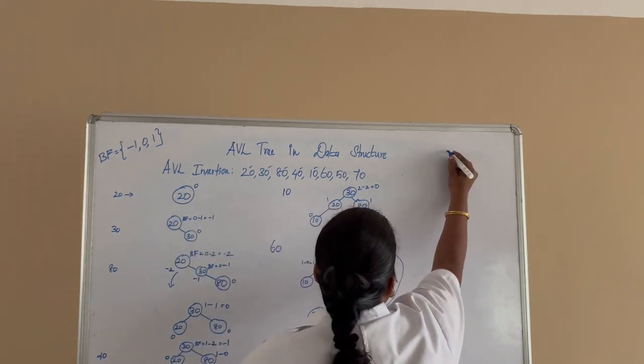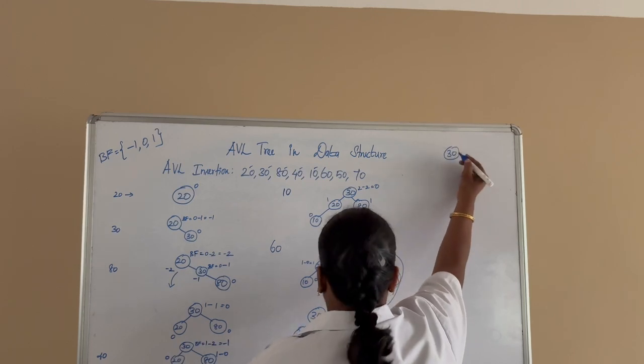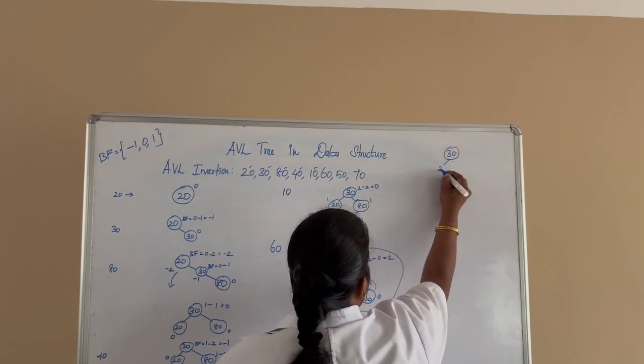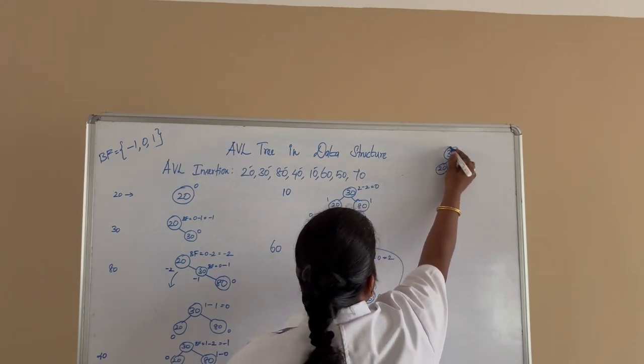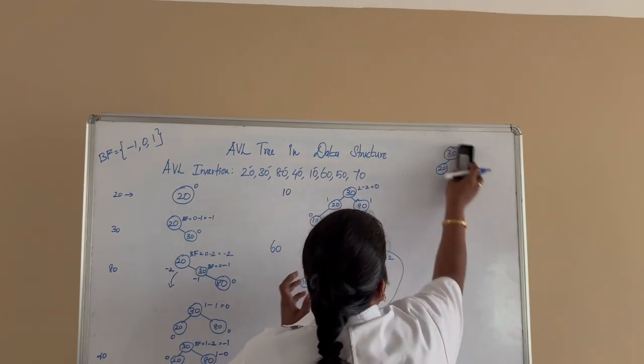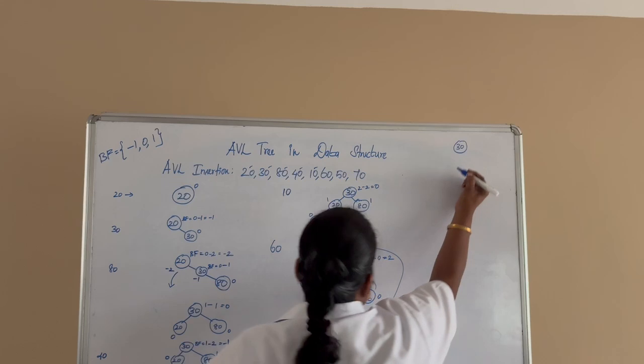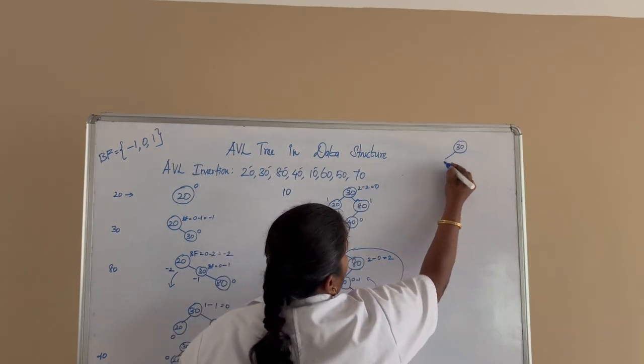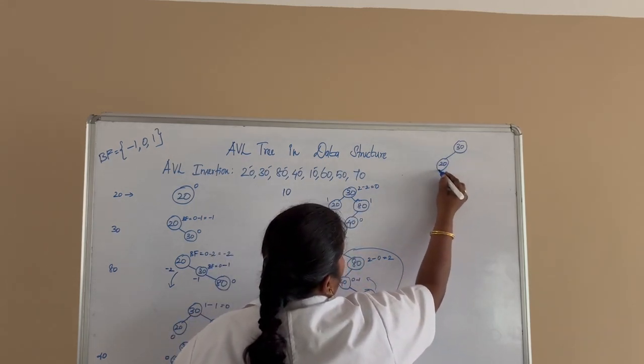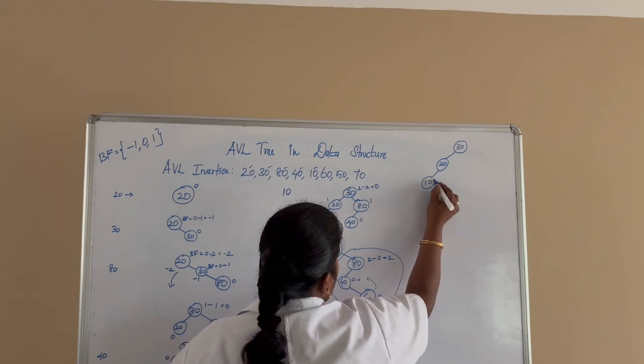So we'll be having 30 as our root node, then 20, then 10.